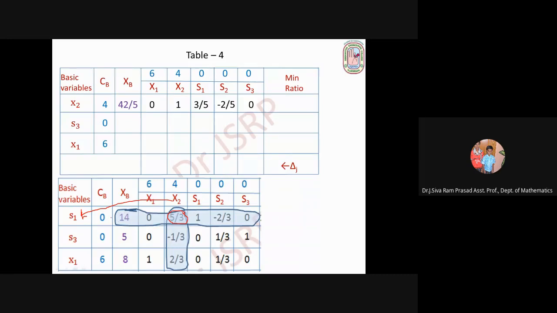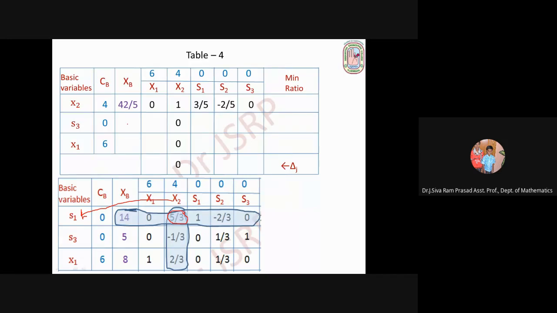So, divide the pivot row by the pivot element. Your pivot row is the first row. Divide the first row by 5 by 3 and write it in the first row of the new table. Next, second step, fill the basic variable columns. X2 column: first place 1, already 1, remaining zeros. This is the X2 column.